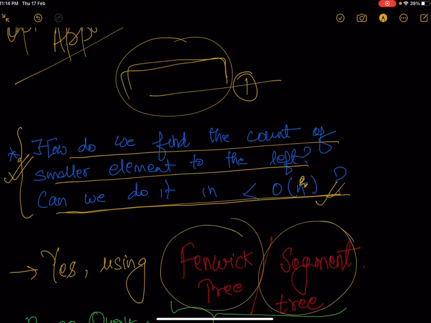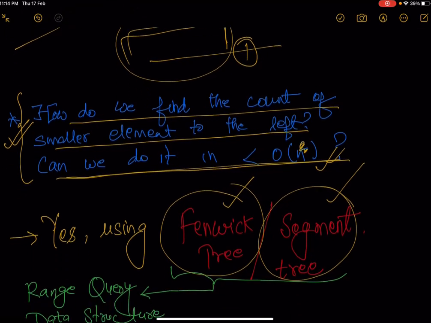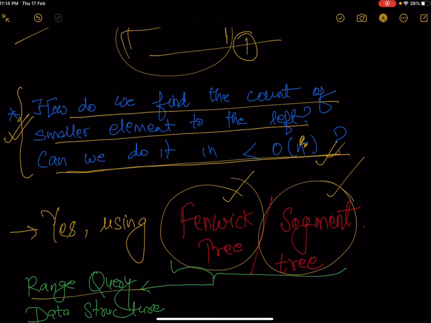For solving this problem for full points, Fenwick tree and segment tree are kind of prerequisites. You can solve it with either one. You should know either Fenwick tree or segment tree, and for your knowledge, they are range query data structures.